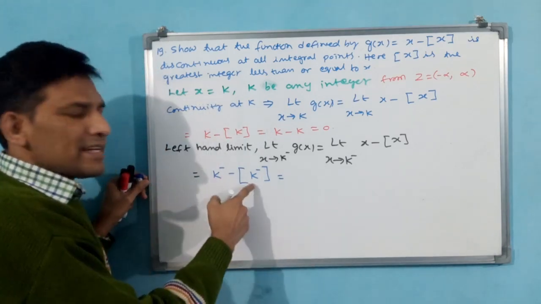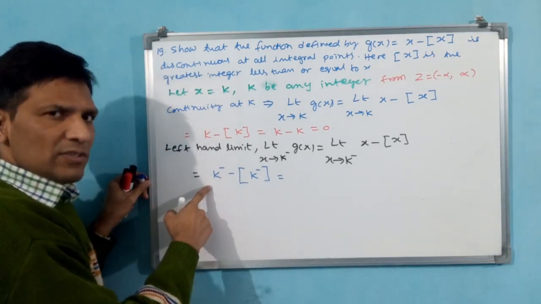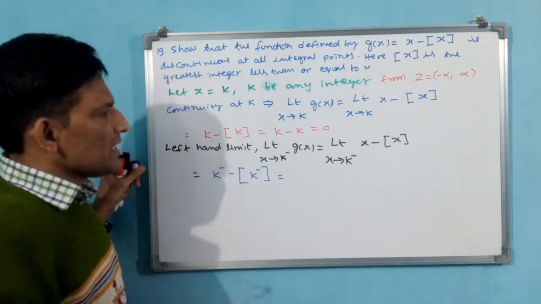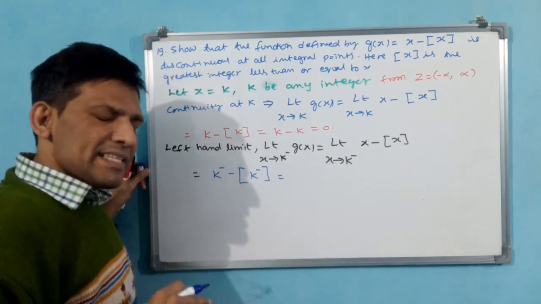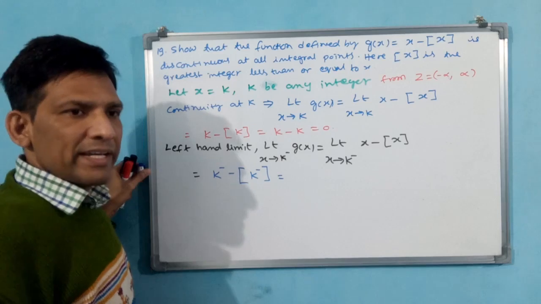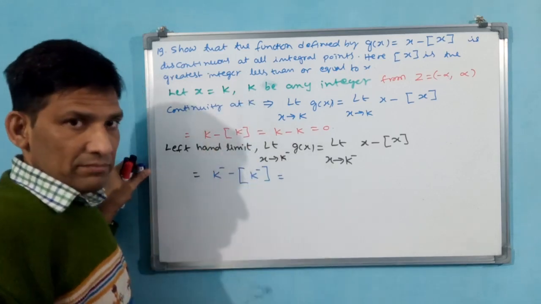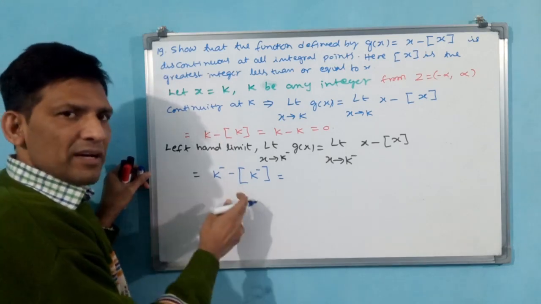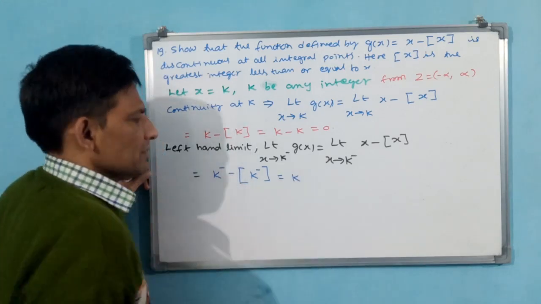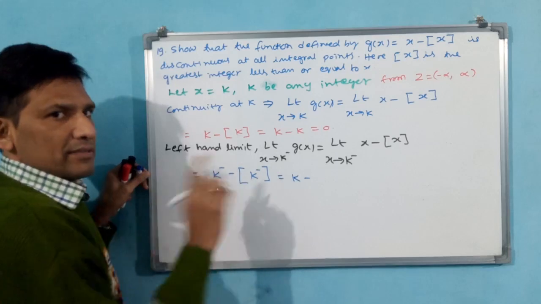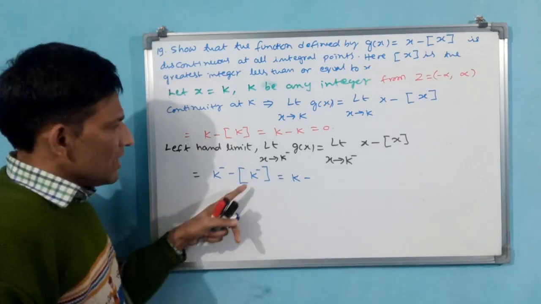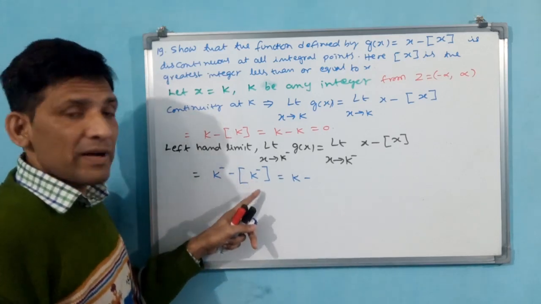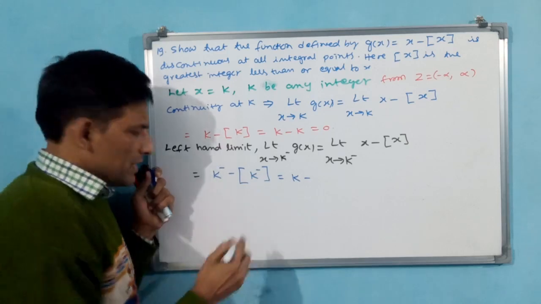See, this is not a greatest integer function, this is a normal function. For a normal function, slightly less than k, slightly greater than k, what are we taking? Unless it is in division or a special function, normally k minus or k plus we take as k only. That we know. But in a special function, what is going to happen to this k minus?